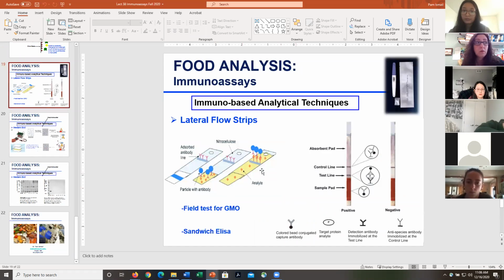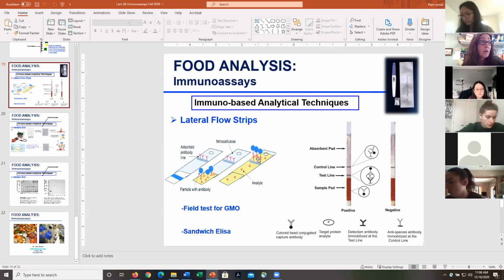So this is where we explain the lateral flow strip. You have antibodies labeled with color, and if you have the protein of interest, the GMO protein, it will bind to it, and by lateral flow, the fluid will go up to where you have another antibody for the antigen, and it basically sandwiches it, and you see a color at the test line.